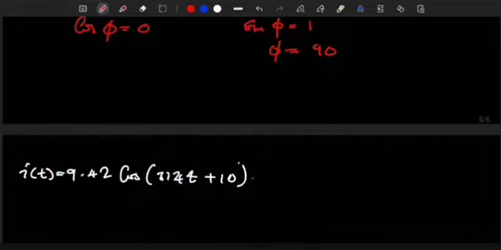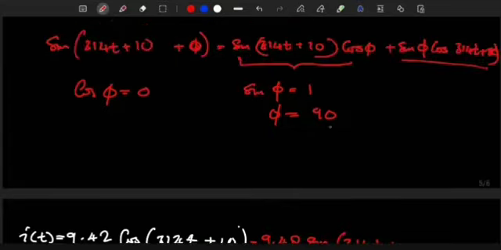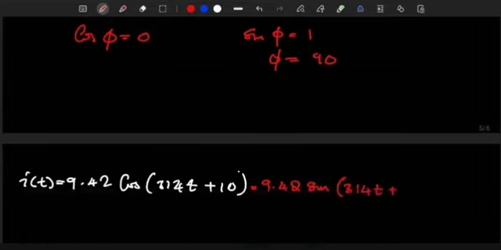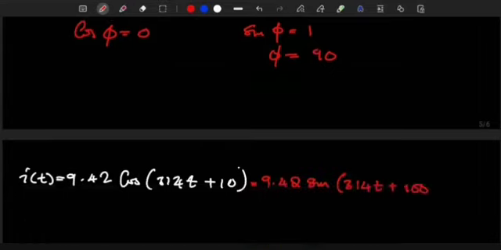The peak doesn't change here, so it will still be 9.42. But now we're writing it in terms of sine: sine(314t plus, now we're adding a 90 to the argument, so it becomes plus 100 degrees). So this is what it would become.